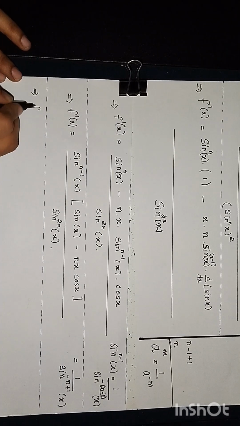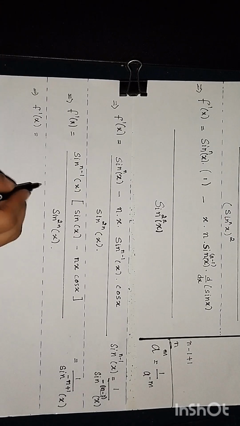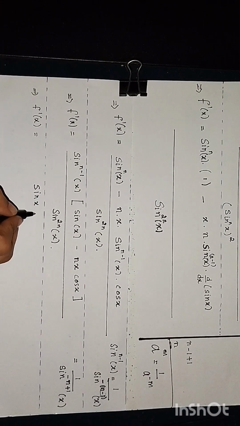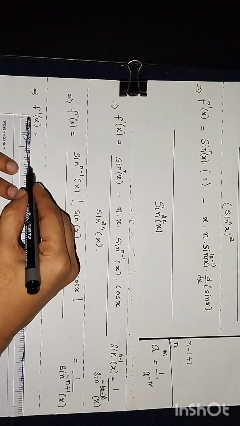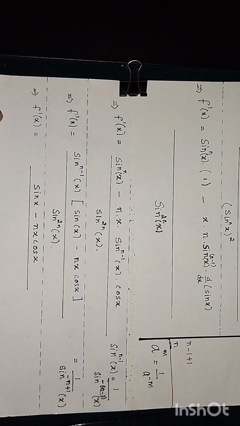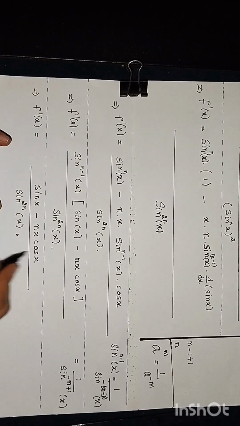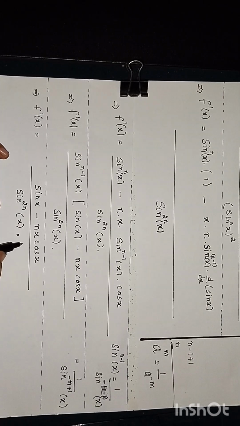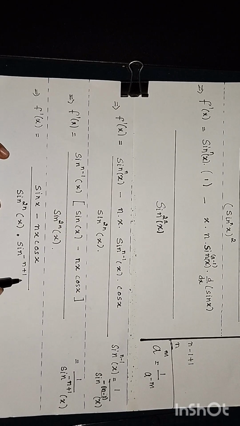So this implies f dash of x is equal to sin x minus n x cos x. In the denominator you will get sine to the power 2n x. Then you have brought it down, so you will write sine of minus n plus 1 x.